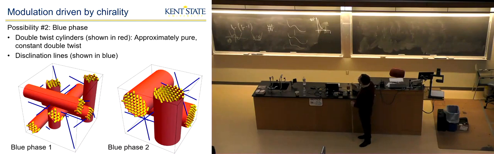And then when you get too far out from the center, the structure gets messed up, and the deformation is no longer just double twist. So you can get a structure that has a bunch of these tubes arranged in a cubic lattice. It could be either a simple cubic lattice like this or a BCC lattice like that. Those things are called blue phase 1 and blue phase 2.